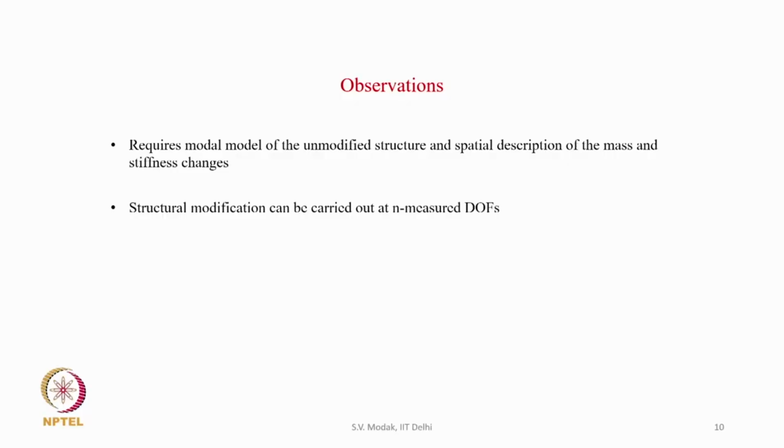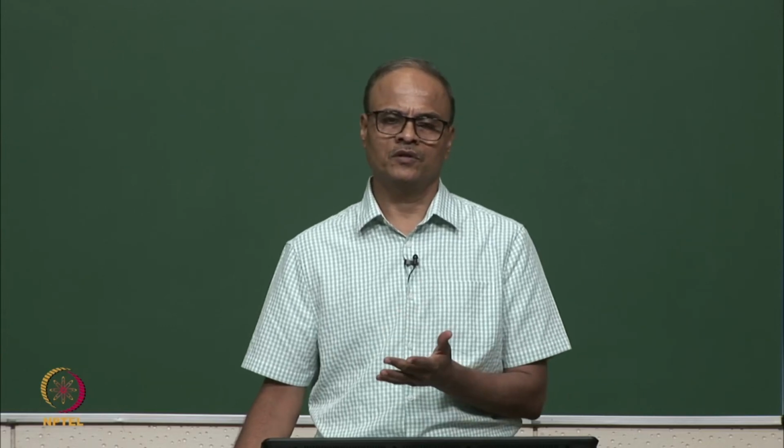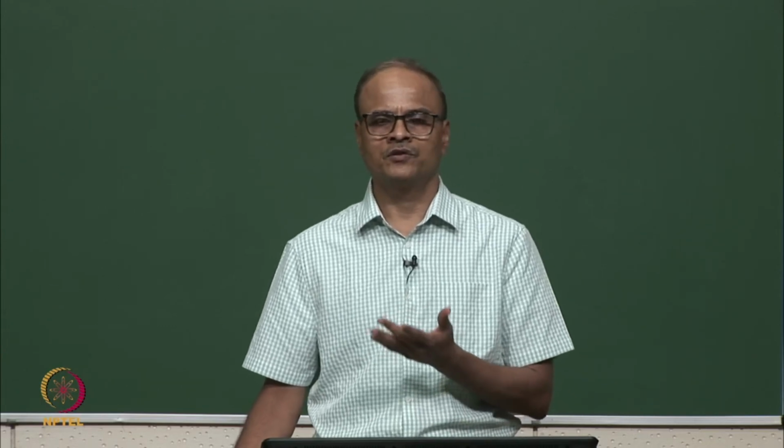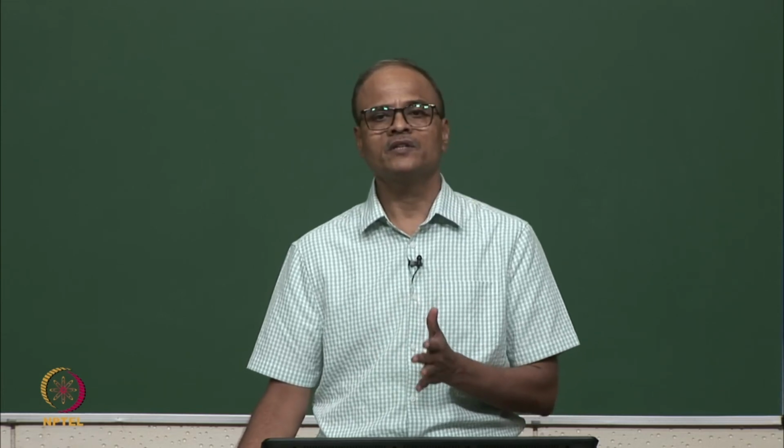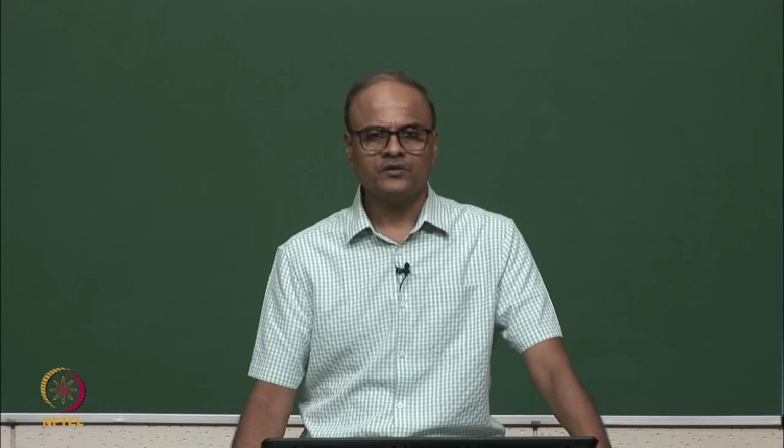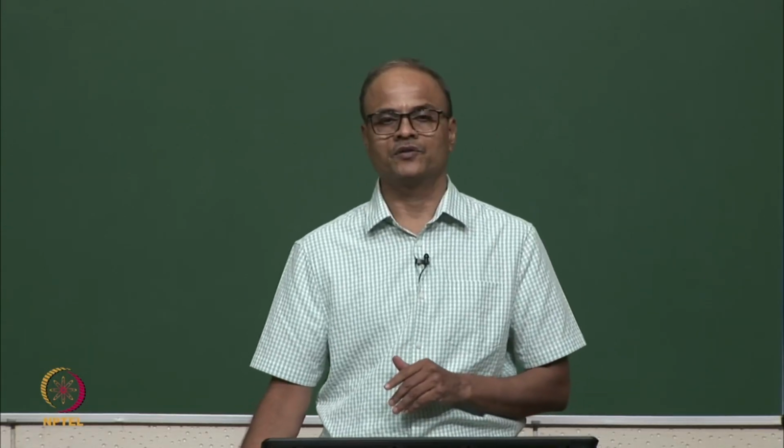But one constraint is that the structural modification can be carried out only at the n measured DOFs, because the model is based on measurements at n DOFs. Therefore, the modifications that are introduced, be they lump mass modifications, stiffness modifications or other modifications, can be introduced at and between the points which belong to these n DOFs. Also, the local structural modification method considers only m modes of the unmodified structure, correct.